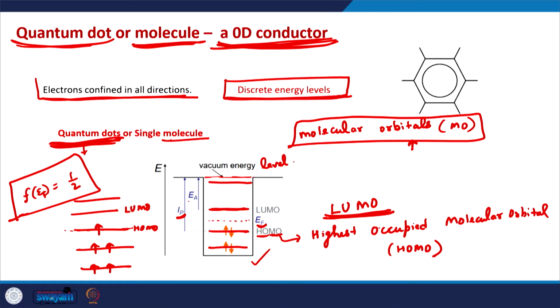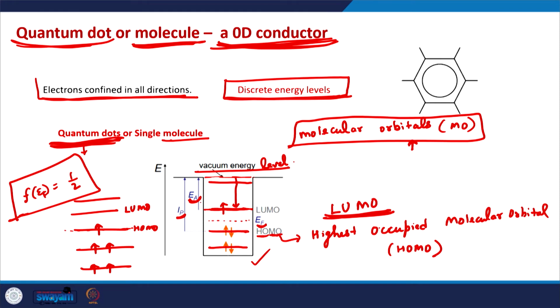Similarly, we have another parameter which is known as electron affinity, and that is the amount of energy that is released when an electron is taken by the system, and that is the difference between the vacuum energy level and the LUMO energy level, because any additional electron will be taken in the LUMO energy level, and the energy that will be released will be the difference between the vacuum energy level and the LUMO energy level.